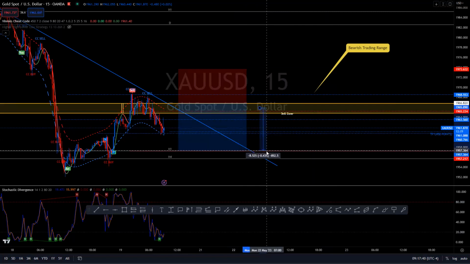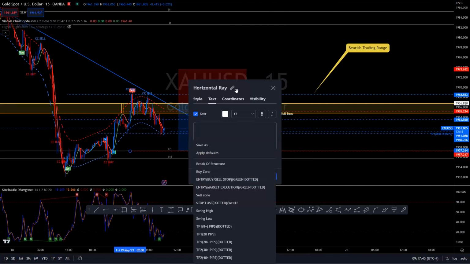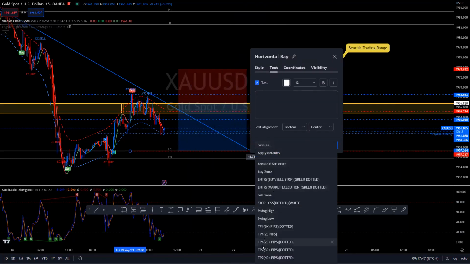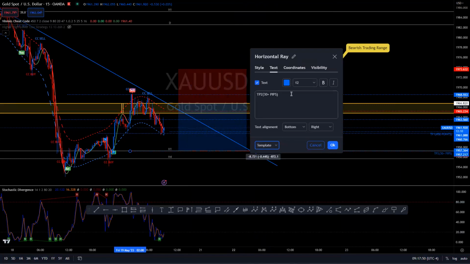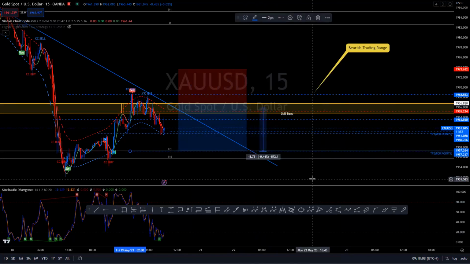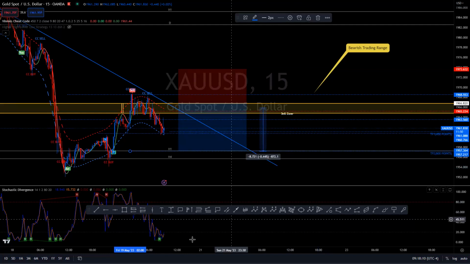Then TP2, that would be, I said, 800 best bets. Definitely going to aim for that. Let me go ahead and set my alerts, and then we're just going to wait. Be right back.